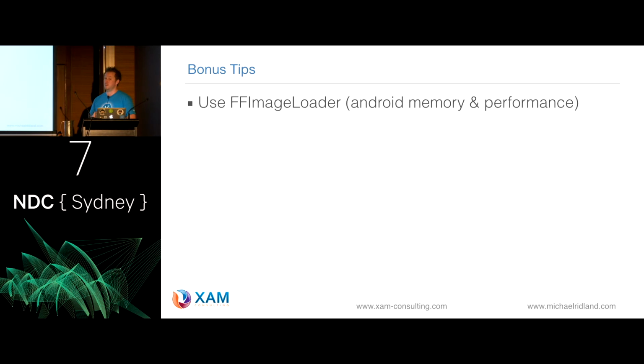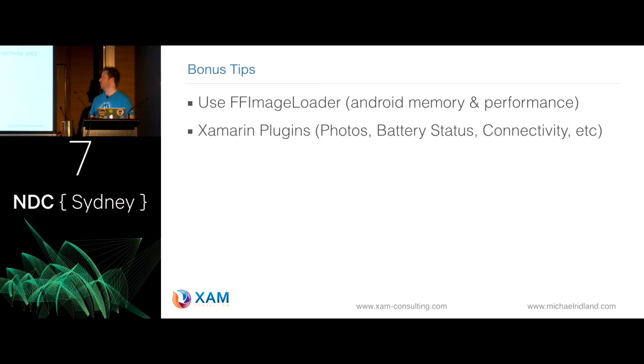So what you actually need to do is take your image and make it as small as possible, so you need to resize it and only actually put into Android memory as much as you actually need to see. And FFImageLoading will do that for you. It'll manage your memory, your performance. It'll also actually cache your image for you.